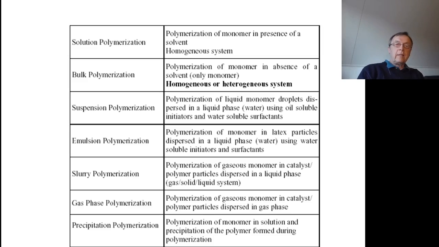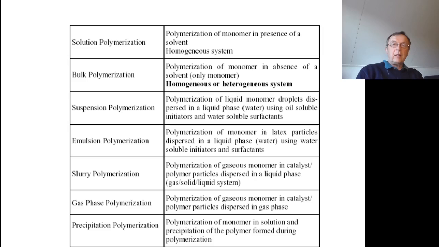That's the reason why it's named solution polymerization, because we have a solution from the beginning to the end of such a polymerization reaction. In some cases, we even avoid the use of a solvent. We add the initiator just to the monomer. This method of polymerization is named a bulk polymerization, because we just convert a monomer into a polymer.